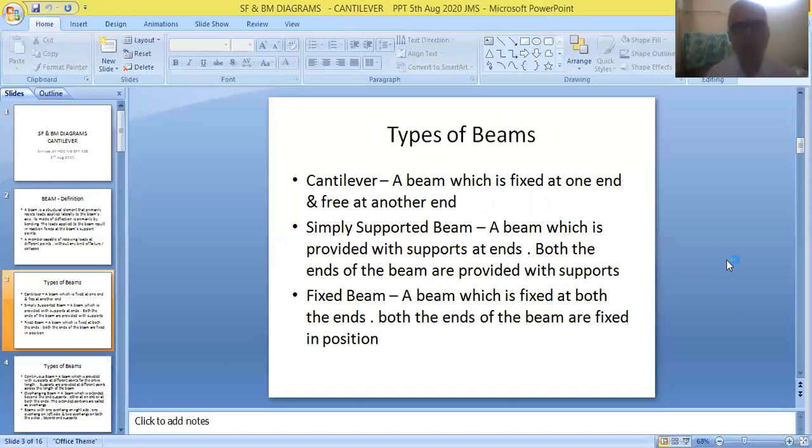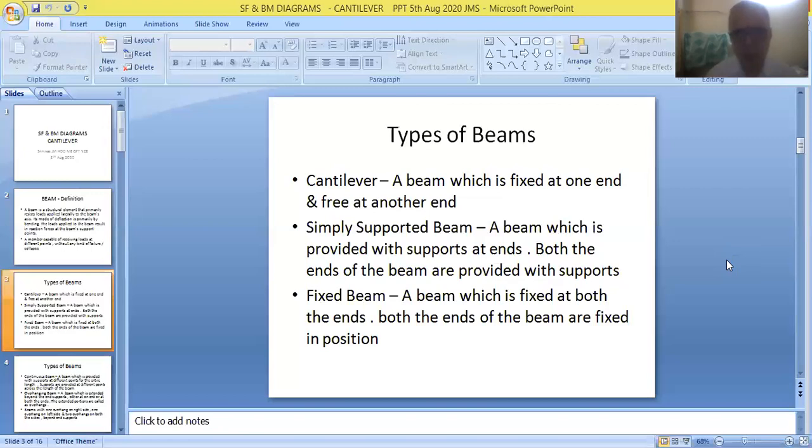Now in some cases this beam will be fixed at one end, and it will be free at another end. So if any beam is fixed at one end and free at another end, that is called a cantilever.